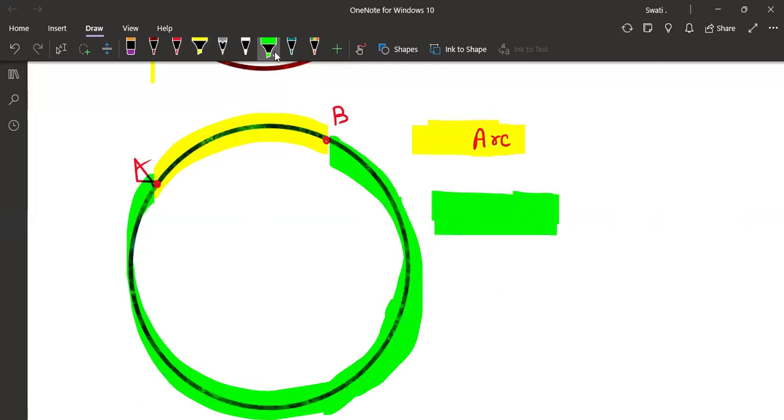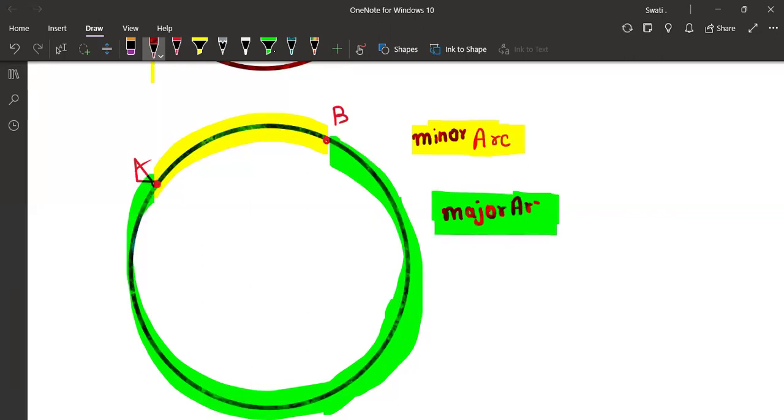Remember a very important word in the basics of circles: minor and major. Very good. So the yellow one is called the minor arc and the green one is called the major arc.